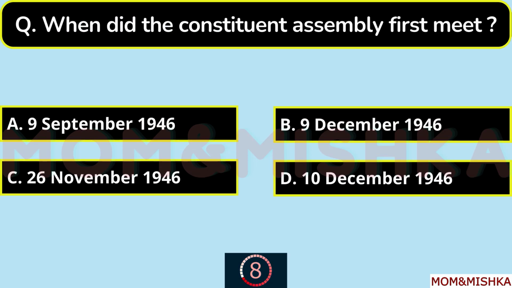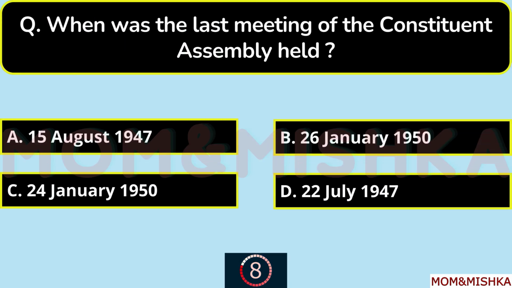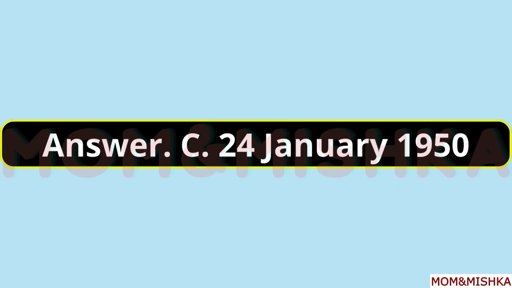Option A. When did the Constituent Assembly first meet? On 9 December 1946 itself. Option B. When was the last meeting of the Constituent Assembly held? On 24 January 1950. Option C.